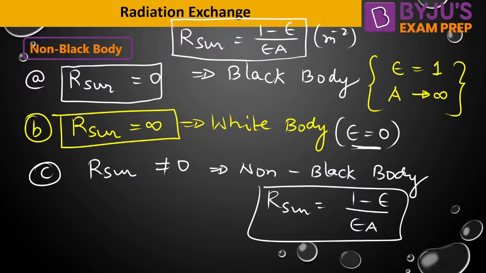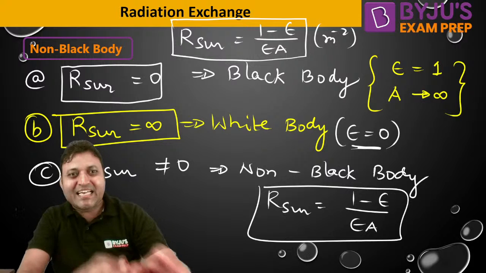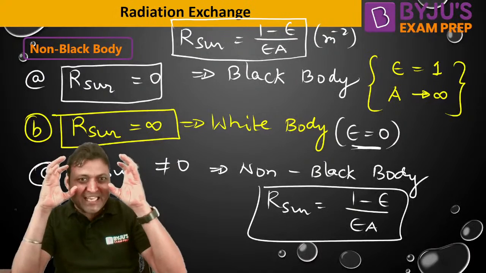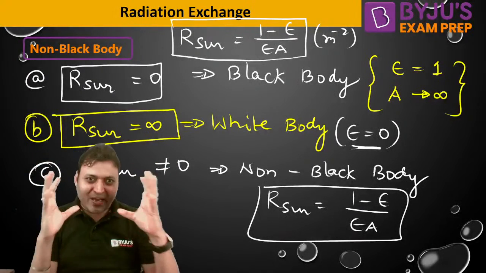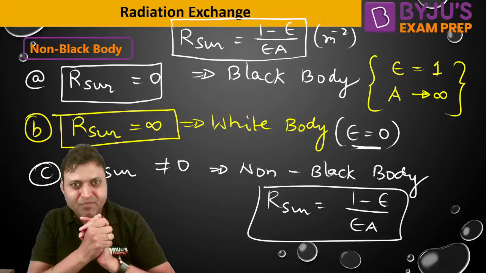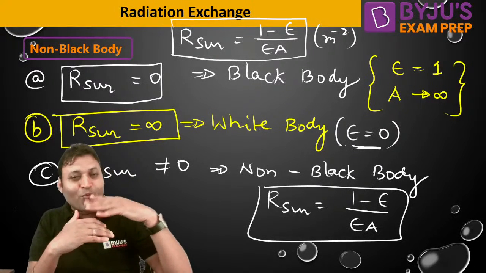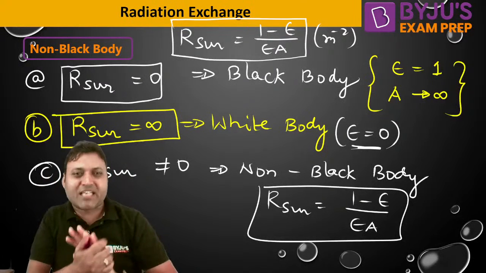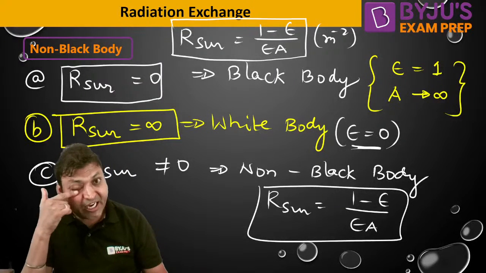So two types of thermal radiation resistance I have talked about. One is the space resistance that will always come into picture for the space between two surfaces. Whenever there are two or more surfaces having the radiation exchange with each other, there will be a space resistance coming into picture.